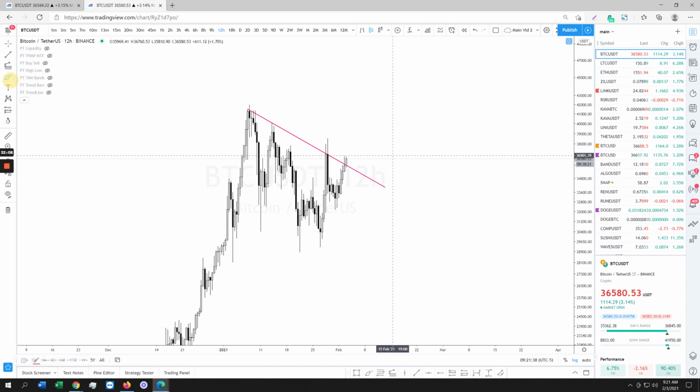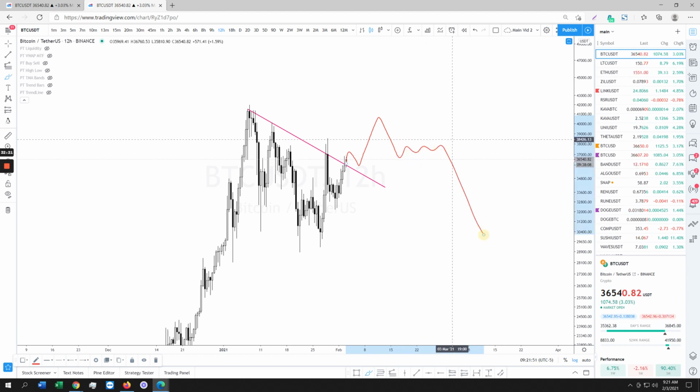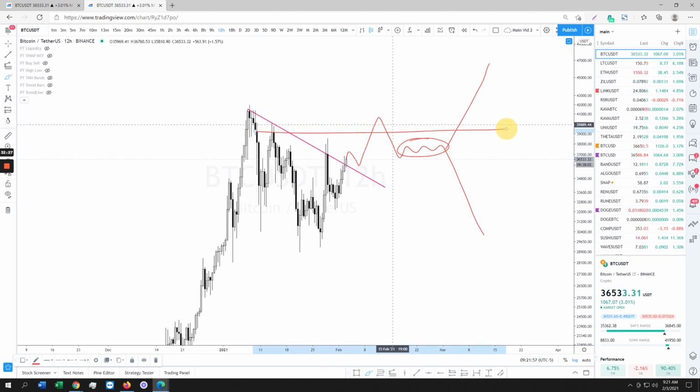Also, just draw a trend line, guys, so you can have it. Draw this trend line right here. You want to always grab the most important points, right? So the bottom is here, the bottom is here, the bottom is here.